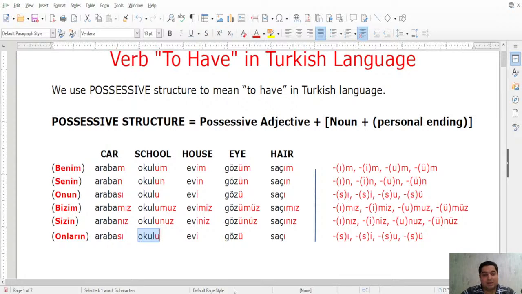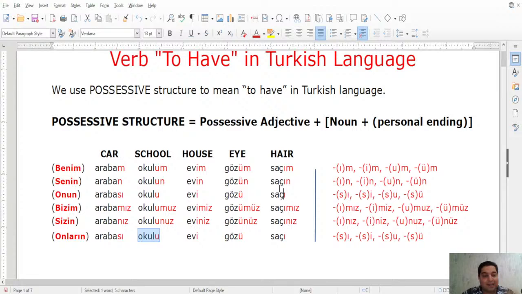But the point here is that all of this that you see here, arabam, okulum, evim, gözün, saçın, they all imply only one singular. It means a car, okay? My car, my school, my house, my eye, my hair, or your hair, your school, and so on. So we talk right now about the singular.